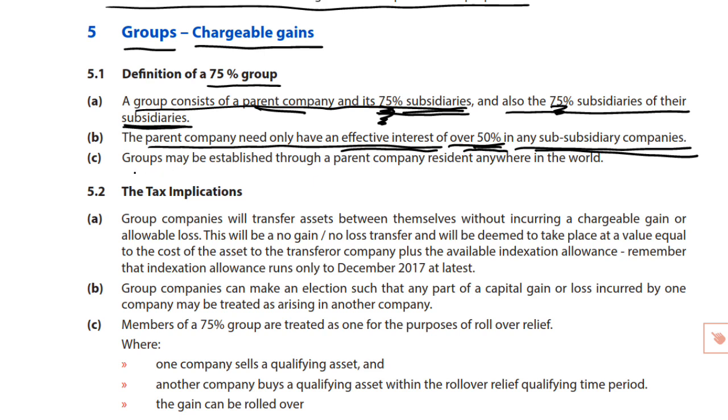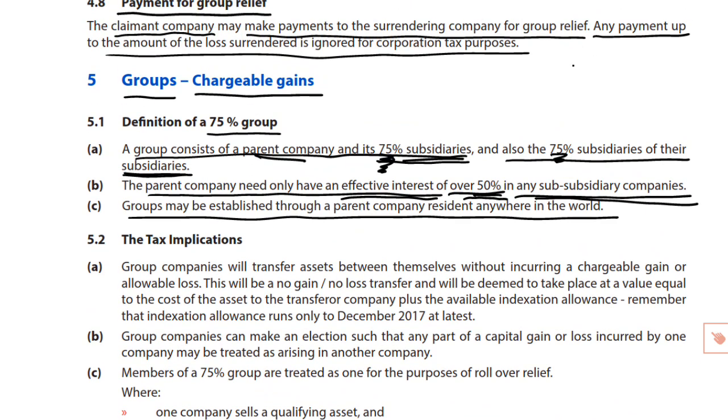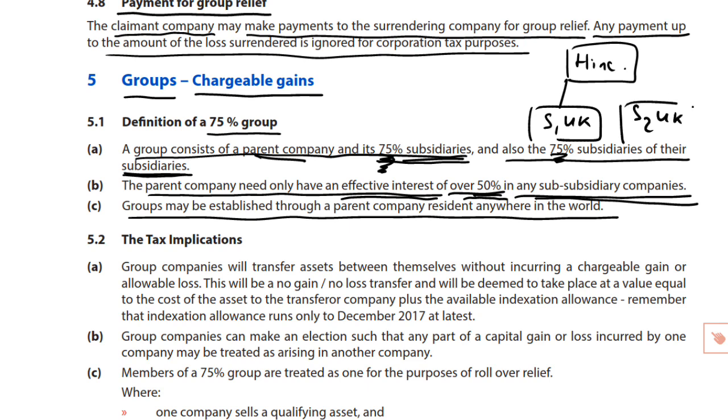Again, probably won't be an issue, but groups may be established through a parent company resident anywhere in the world. Remember, if we had H Inc., an overseas resident, non-UK resident company, and it had got S1 UK, S2 UK, and this was at least 75%, we'll call it 100, but at least 75%.